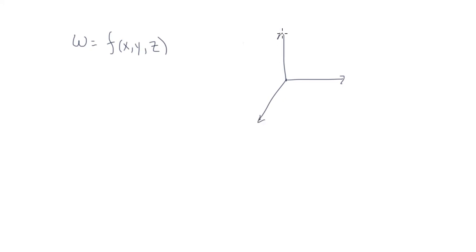So let's say we have some sort of region. I'm going to draw it like a spherical region like this. That's the domain of f. So this sphere right here will be the domain of f. Any point in the sphere, I can assign a scalar value.